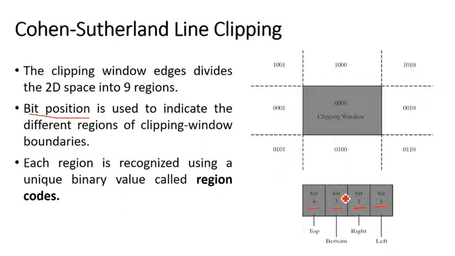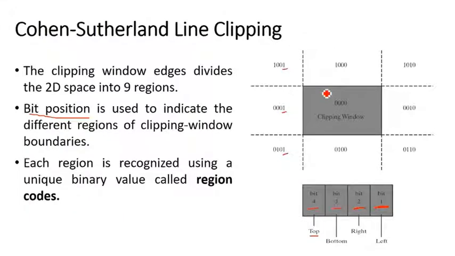If you see here, this region is towards the left side of the clipping window. So I set the bit which represents the left side of the clipping window. Over here also, the left bit is set, because these two regions are also towards the left side of my clipping window. Similarly, the fourth bit represents the top region.